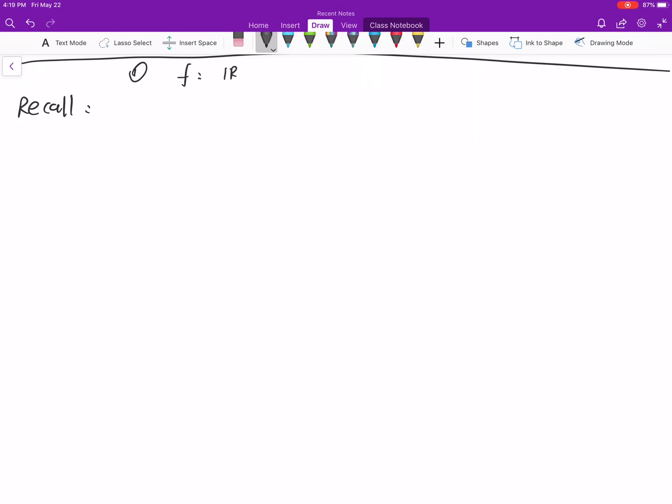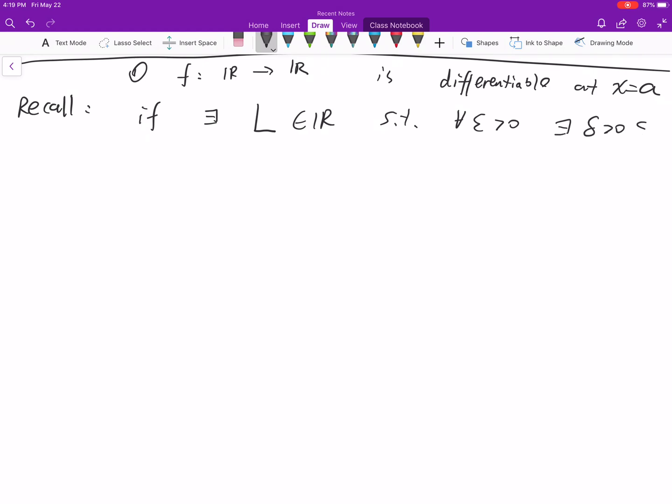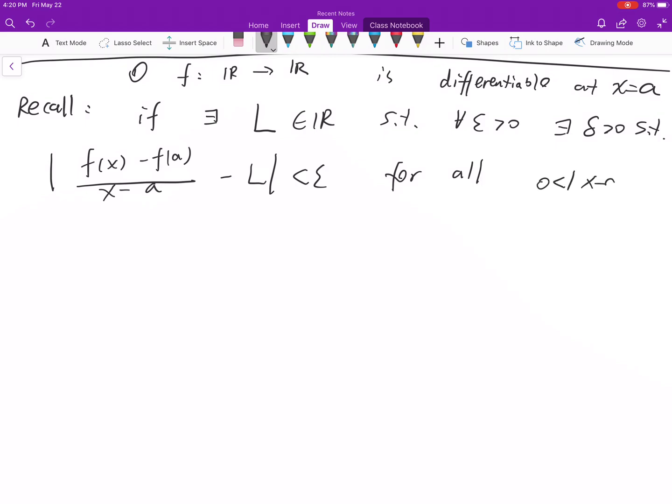So suppose f is a function from R to R, and f is differentiable at the point x equals a if there exists a real number L, such that for all epsilon greater than 0, there exists delta greater than 0, such that |(f(x) - f(a))/(x - a) - L| is less than epsilon for all x with 0 < |x - a| < delta.